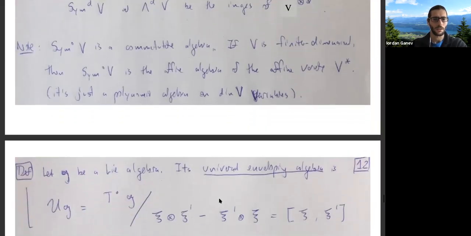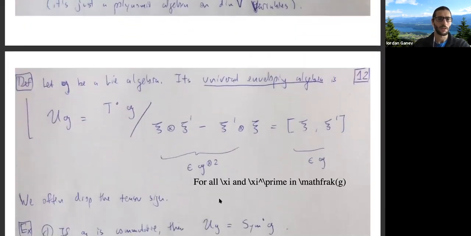And to get the universal enveloping algebra, we start with not just any vector space, we start with a Lie algebra. And then we take the quotient by this ideal generated by all xi and xi prime in the Lie algebra. This says that inside the tensor algebra, we have this notion of commutator: take two elements, multiply them, and then subtract their product in the opposite order.